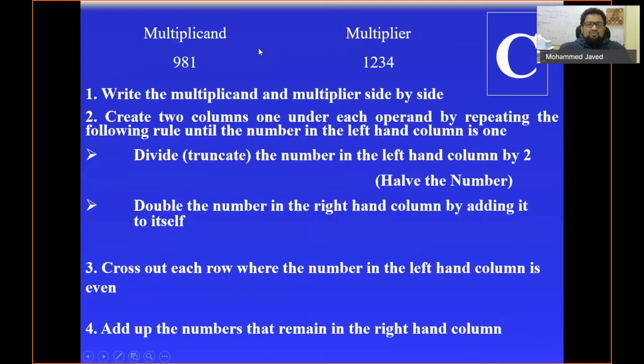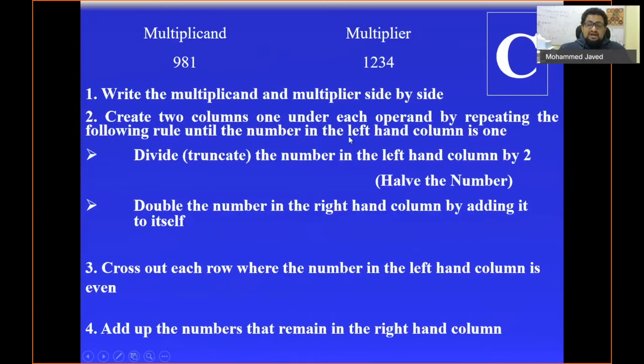Given 2 numbers, multiplicand and multiplier, write the multiplicand and multiplier side by side. You make 2 columns and write them down. Create 2 columns, one under each operand, by repeating the following rule until the number in the left hand column is 1. That is the terminating condition.